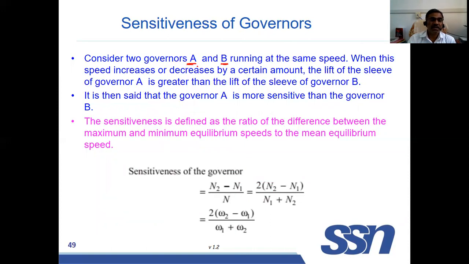If the sleeve lift of governor A is greater than the sleeve lift of governor B, then governor A is said to be more sensitive than B. Sleeve lift is more in A, less in B, so governor A is more sensitive. So that is sensitivity.